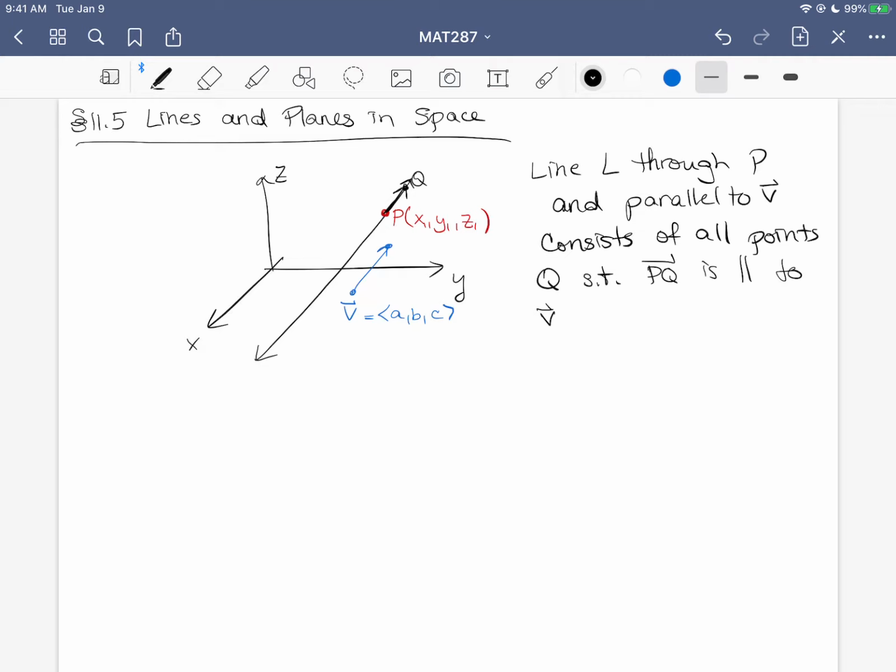All right, well, what does it mean for two vectors to be parallel? We talked about that in class last time. That means that vector PQ is a scalar multiple of V. So it looks like TV, where T is a constant.